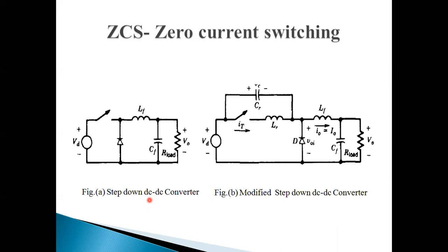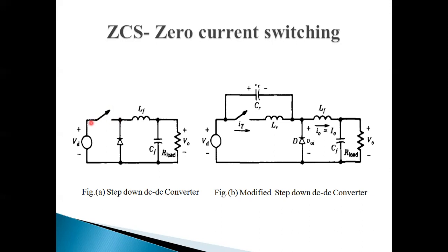Now, what is zero current switching? Basically, whenever you close the switch and open the switch, you have some voltage or current in normal condition. But ideally, if you open the switch, there is no current flowing through the switch.